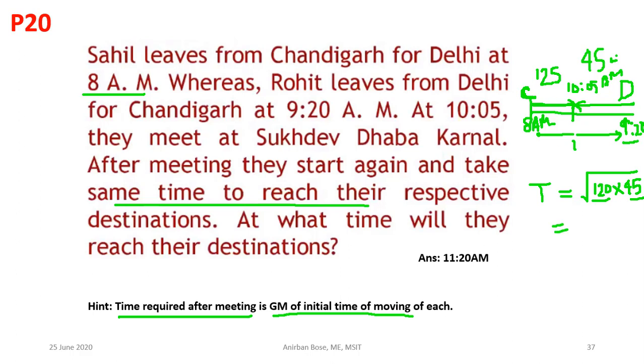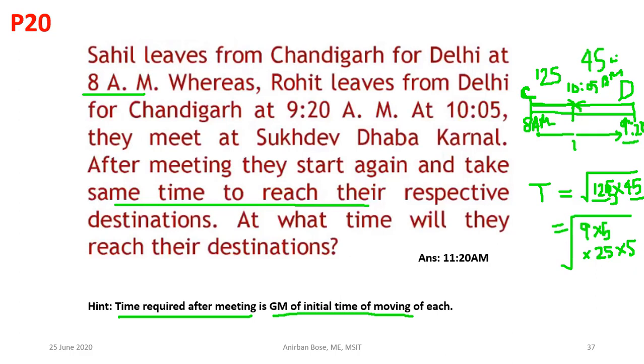Since they are reaching their destination at the same time, you can find out that time after meet from this. So if you do that, 45 is 9 into 5, and 125 is 25 into 5, right?